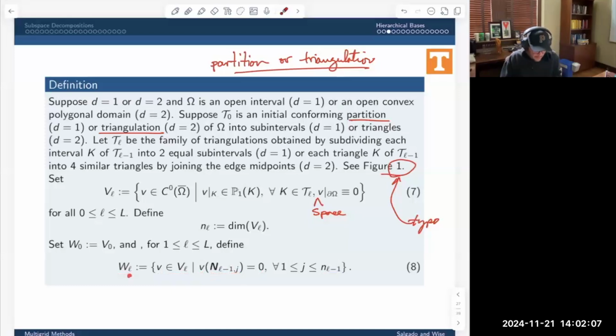This is level L, so I'm going to look at the nodes on level L minus 1. I'm going to demand V has to be equal to 0 at all those nodes on the previous level, the coarse level just below me, for all j between 1 and NL minus 1. So all nodes in the coarse mesh.